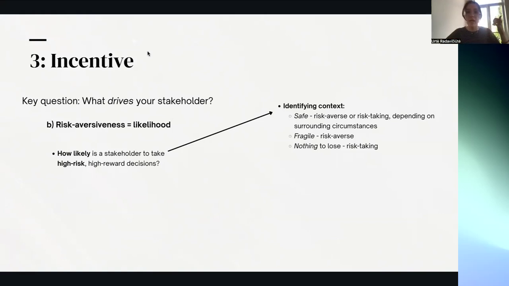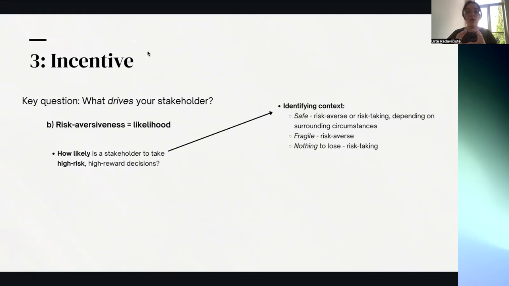The first is a safe environment, as in they're not under threat. There's no brewing PR scandal. There's not a lot of media reporting on potential human rights abuses that are happening in the H&M factories and whatever else. And here, you may not be super certain about whether a stakeholder is going to be risk averse or risk taking.